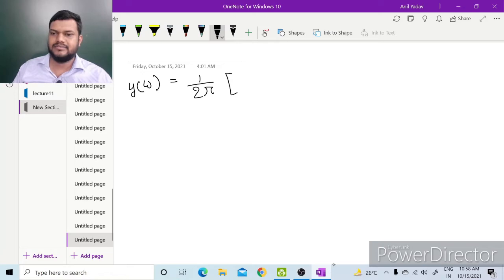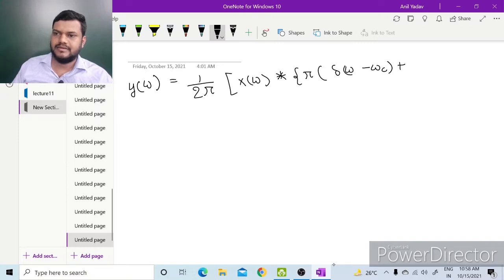Let x(t) have Fourier transform X(omega), and we know the Fourier transform of cos omega c t. So this will be X(omega) convolved with pi times delta(omega minus omega c) plus delta(omega plus omega c).